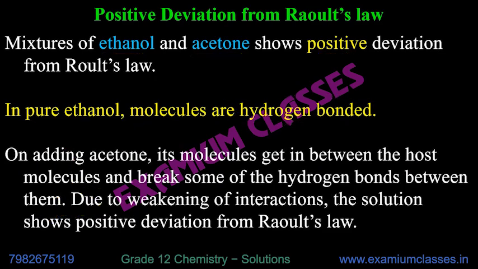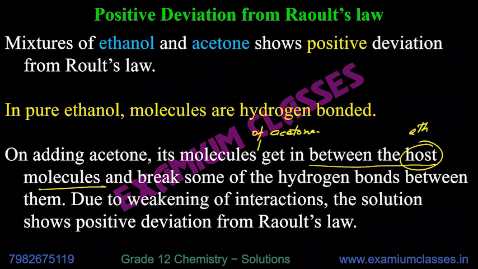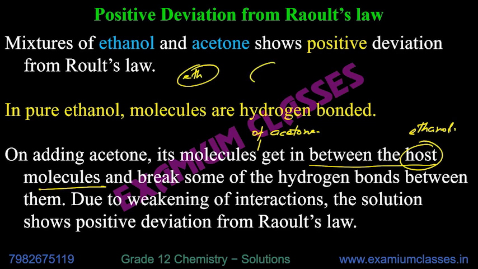On adding acetone, molecules of acetone get in between the host molecules, meaning ethanol. So earlier, ethanol and another ethanol were hydrogen bonded, here another one hydrogen bonded, here another one hydrogen bonded.